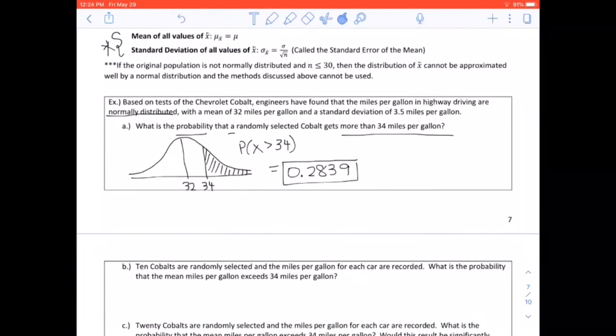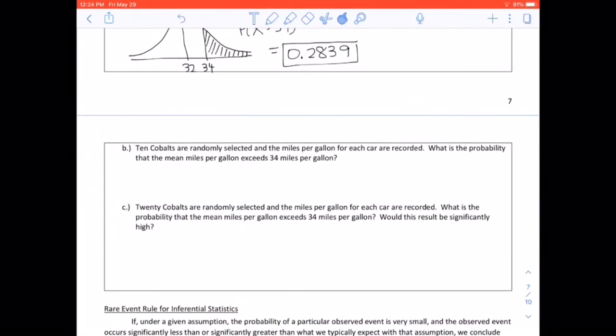Part B on the next page says 10 Cobalts are randomly selected and the miles per gallon for each car are recorded. What is the probability that the mean miles per gallon exceeds 34 miles per gallon?